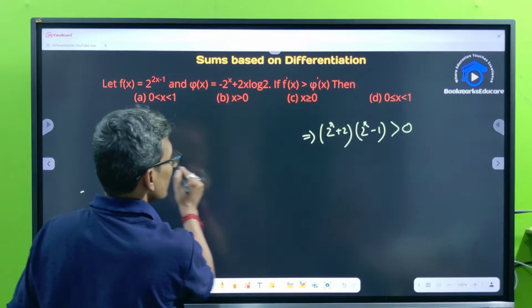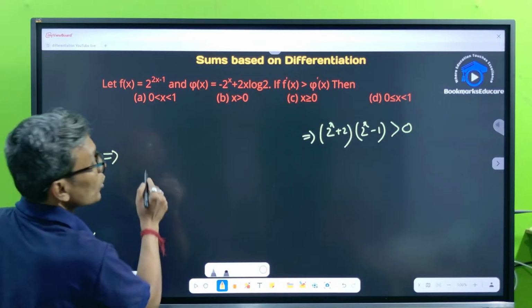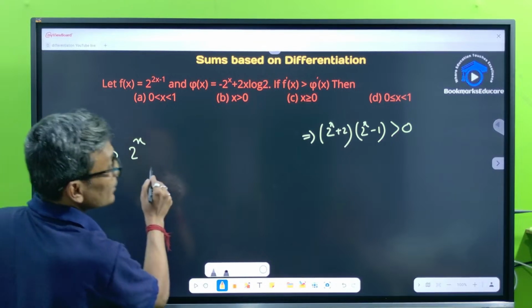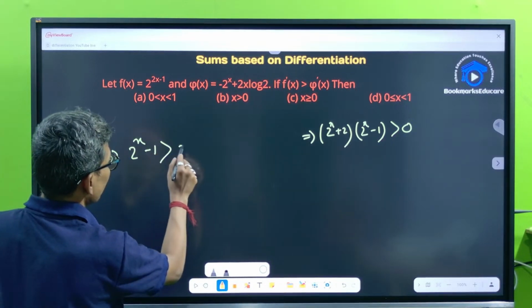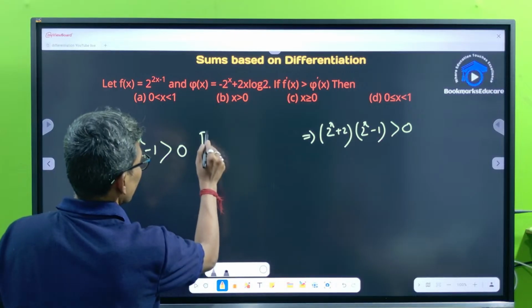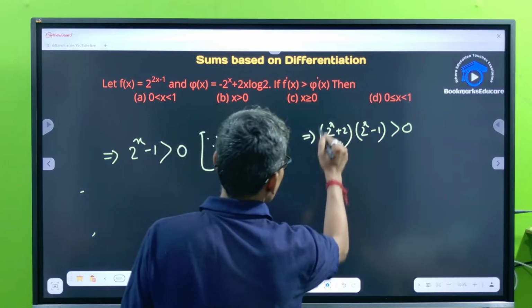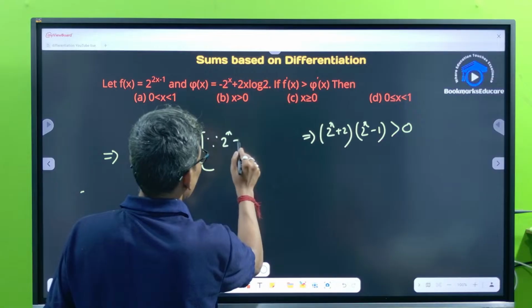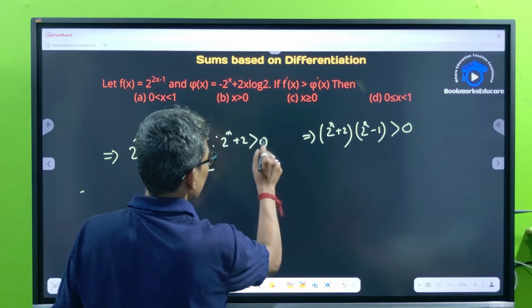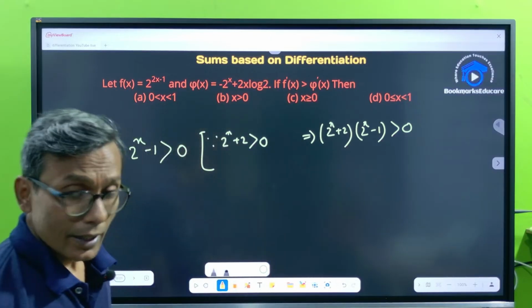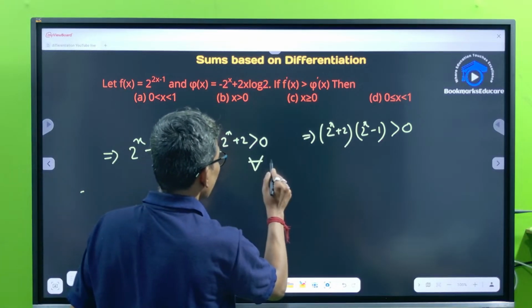So 2 to the power 2x minus 1 will be greater than 0 because this cannot be equal to 0. This is always greater than 0, okay, for any value of x.